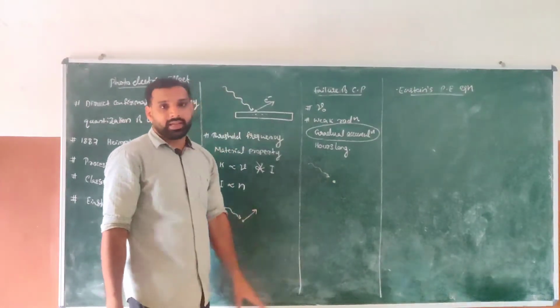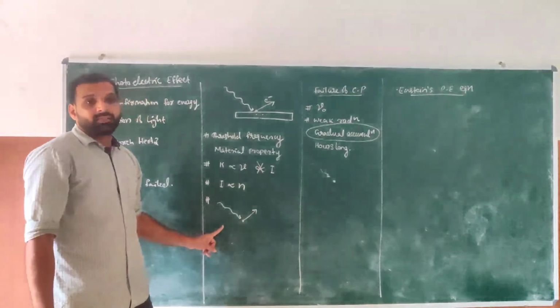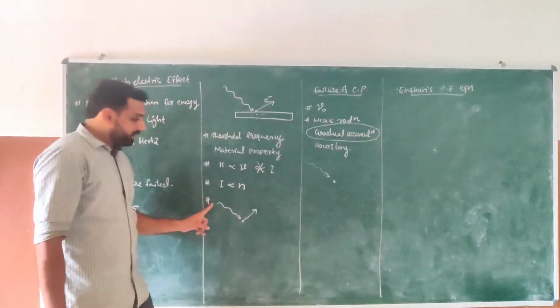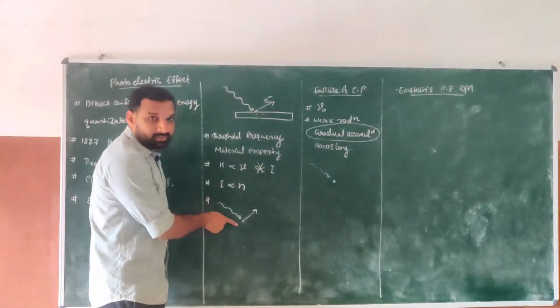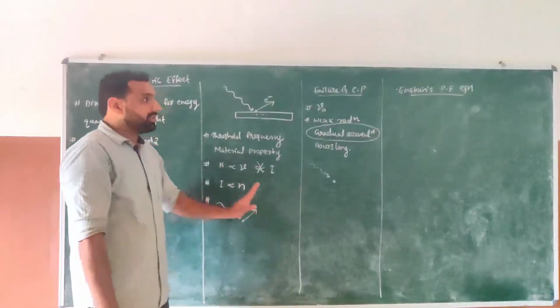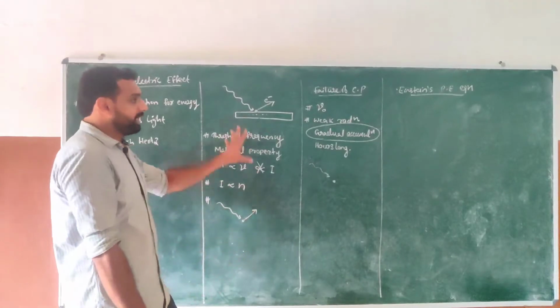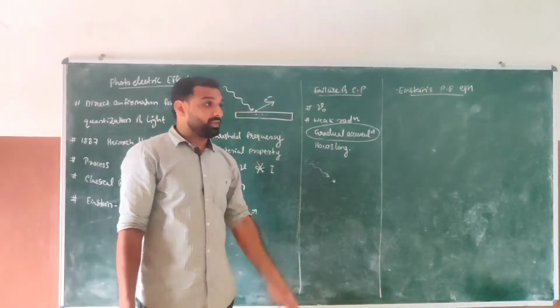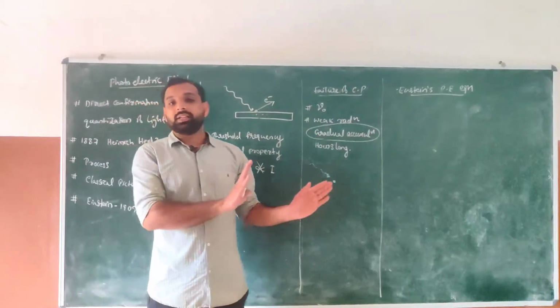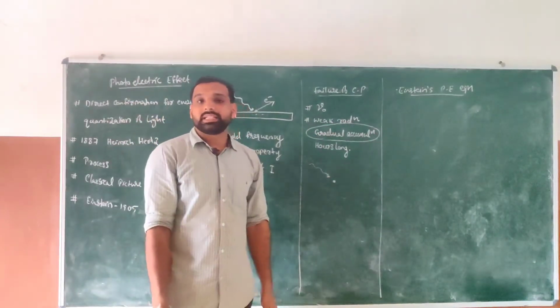But this is not happening. It is a spontaneous, fast process. The radiation comes, the electron is ejected. So classical physics failed to explain the photoelectric effect.